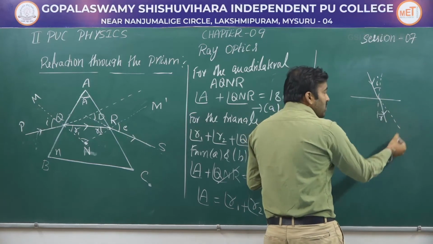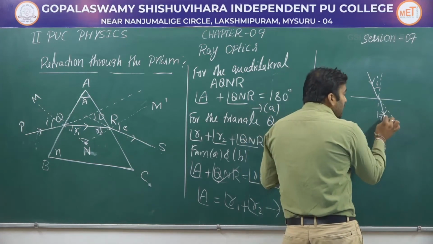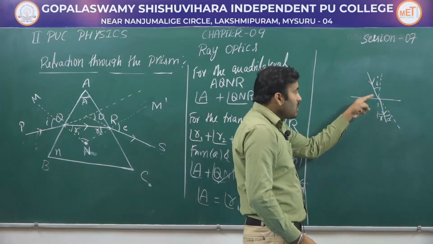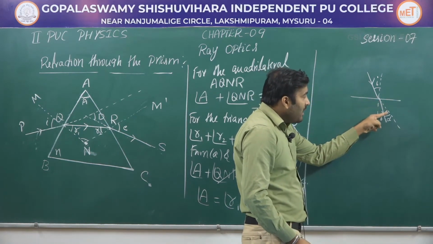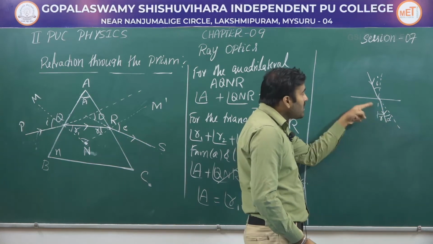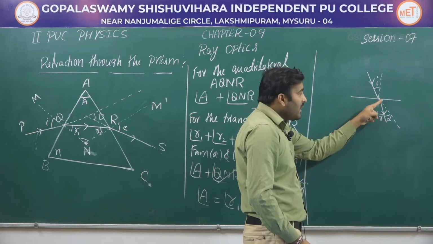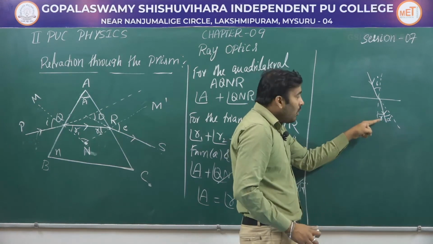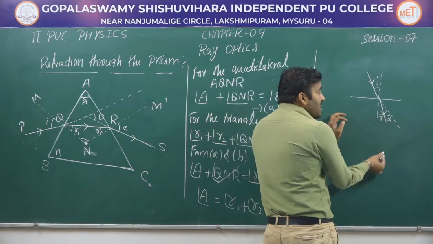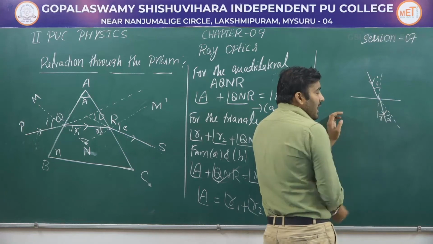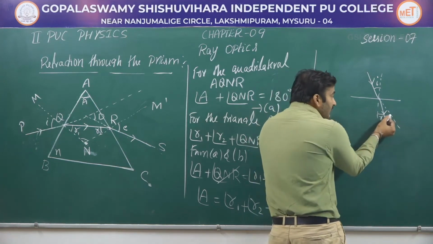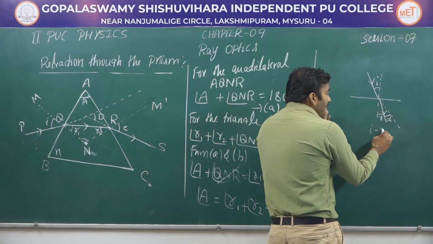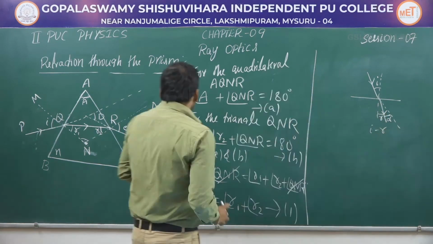This is the actual direction of the light, and this is what we called the deviation, correct? The ray has to travel like this, but because of the presence of this medium, the ray is going to bend. So it has bent towards this. So this is the deviation produced for this ray. Means this angle D should be equal to I minus R. I minus R, correct? And here also.